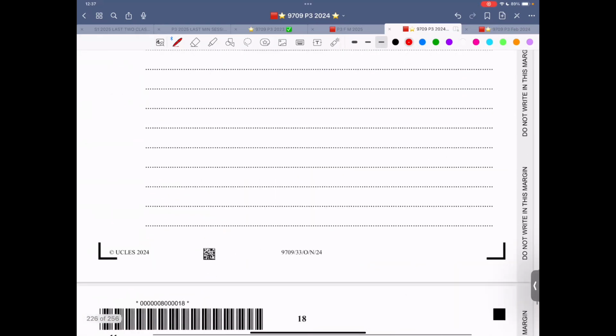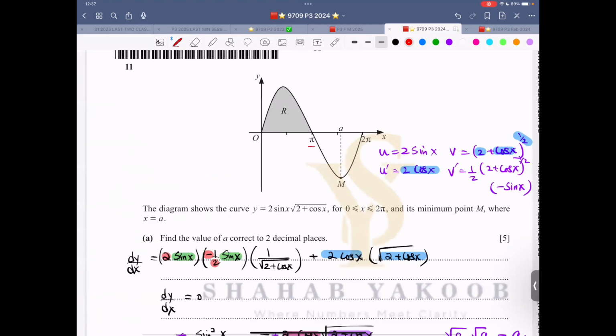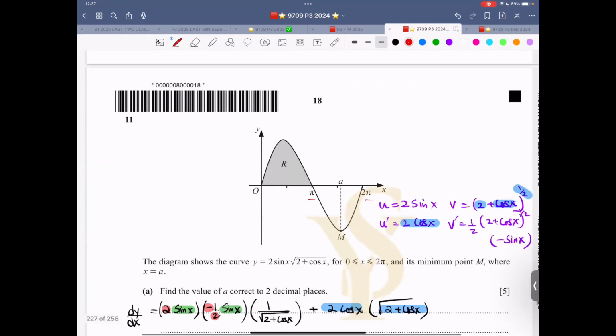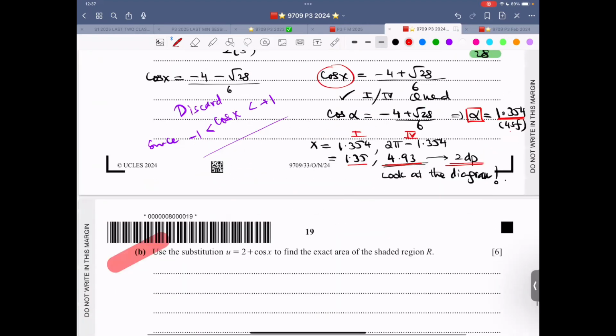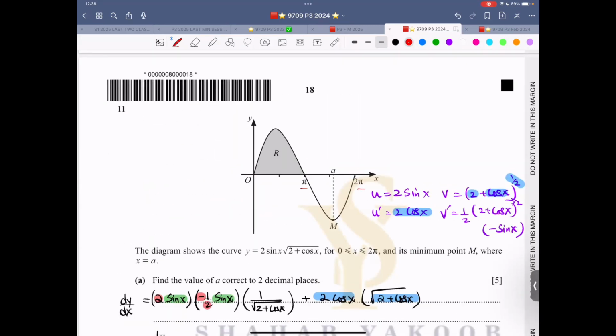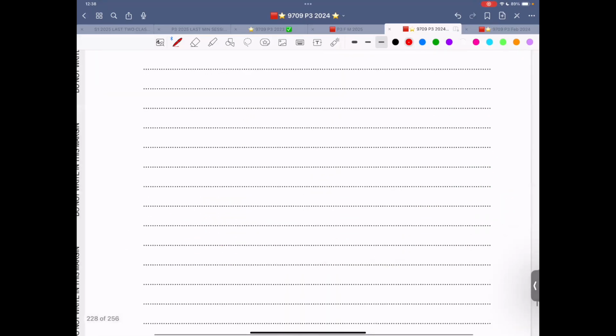Look at the diagram. So it lies between pi and 2 pi. Pi is 3.142, 2 pi is 6.284. Does it lie in this interval? So therefore choose x equals 4.93, and that is the value of a. They're only asking for the x coordinate, not the y coordinate, because that is a.